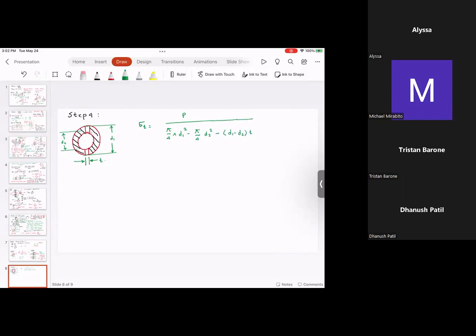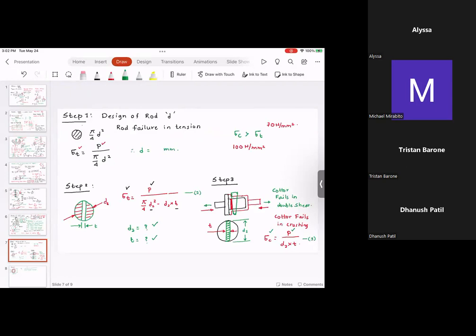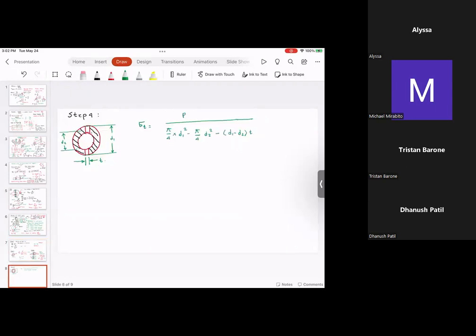So I just want to tell you that value of D2 we already know. This value of D2 comes from step 2. So if you look at this entire equation, value of D2 is known from step 2. Value of T is known from step 3.